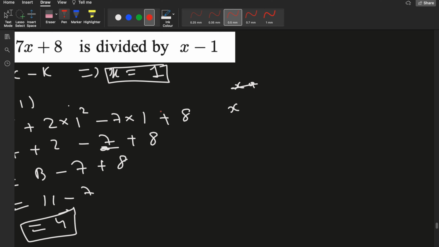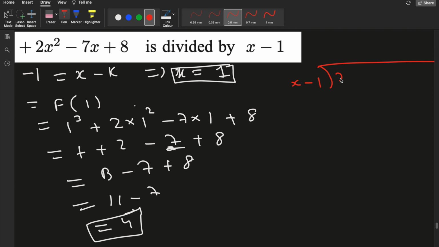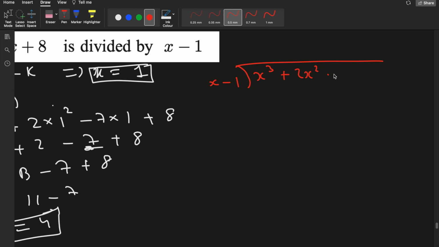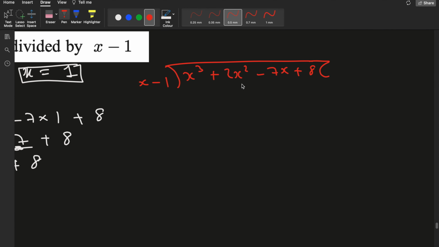So the divisor on one end, the symbol with the polynomial inside, minus 7x plus 8, close it, and now we write x squared here, so this would be x cubed minus x squared. Let's subtract this.